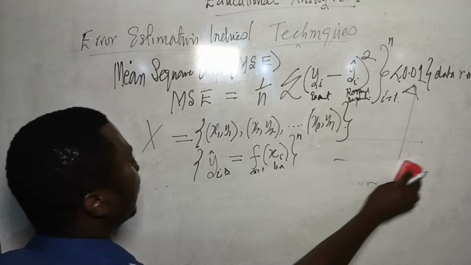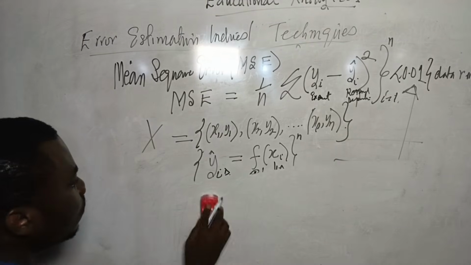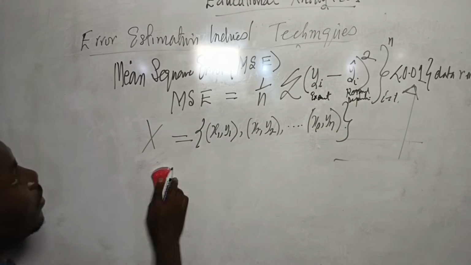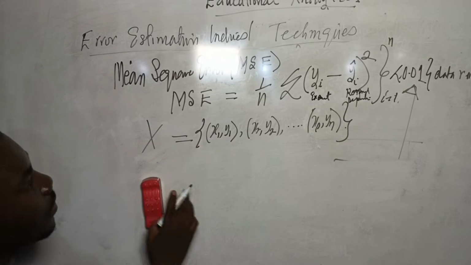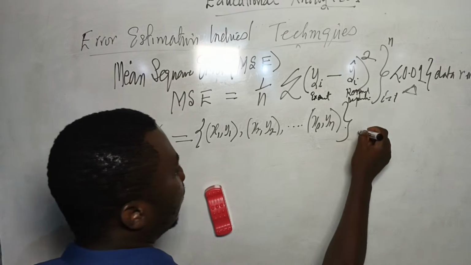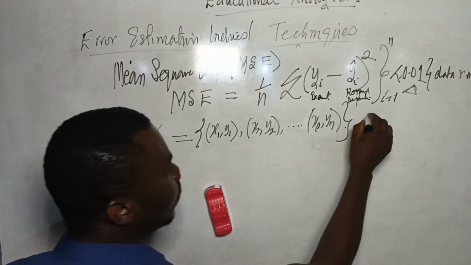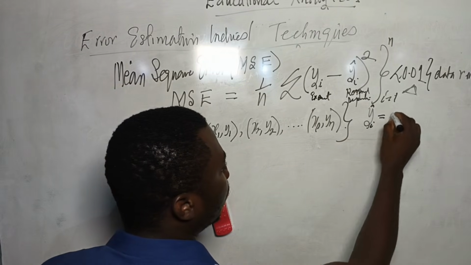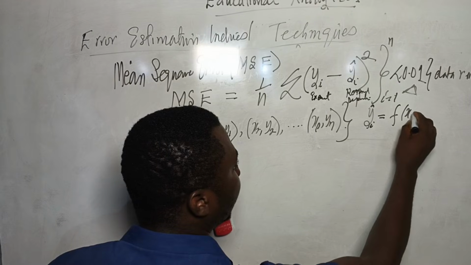We can consider the mean absolute error. Let me write this function up here, because it's going to be used as a reference point. The function we derive here looks like y caret equals f of xi.